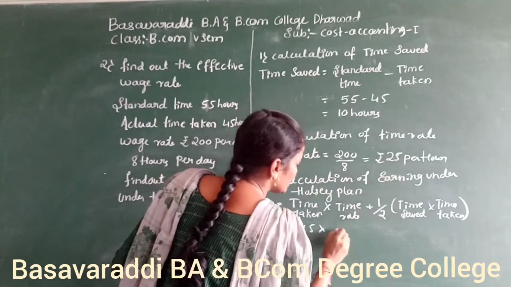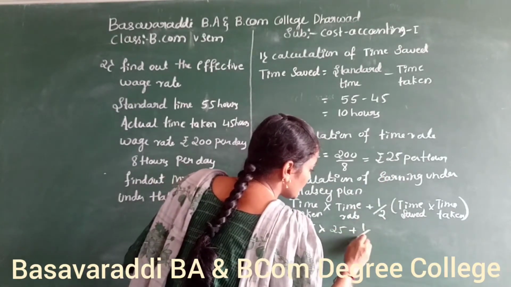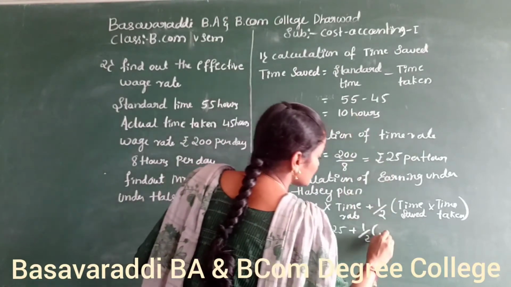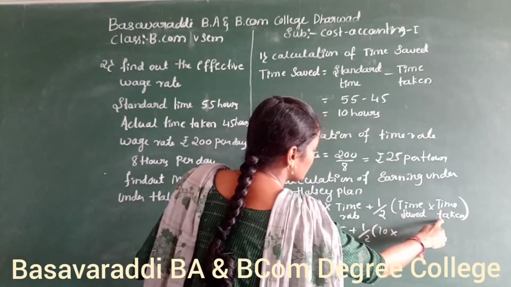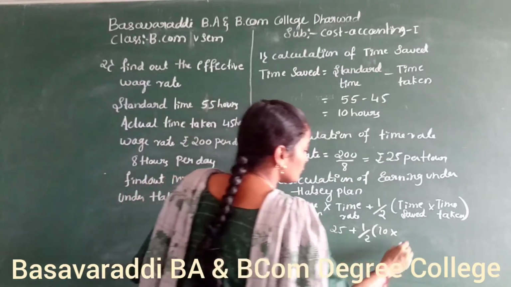Time rate is 25, plus 1 by 2 into time saved, which is 10, into time taken, which is again 45.